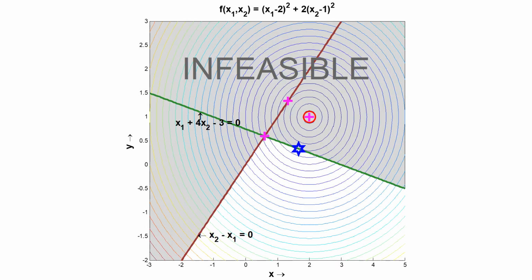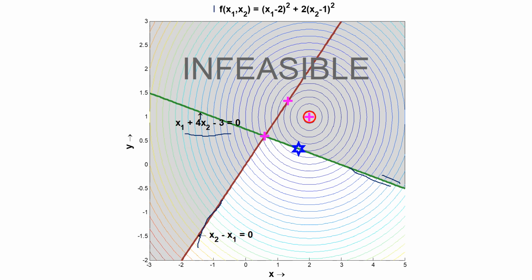And this is a bigger graph showing the same x1, x2 plane, and this is one of the constraints, the green line, that's x1 plus 4x2 minus 3 equals 0, and this brown line is x2 minus x1 equals 0.